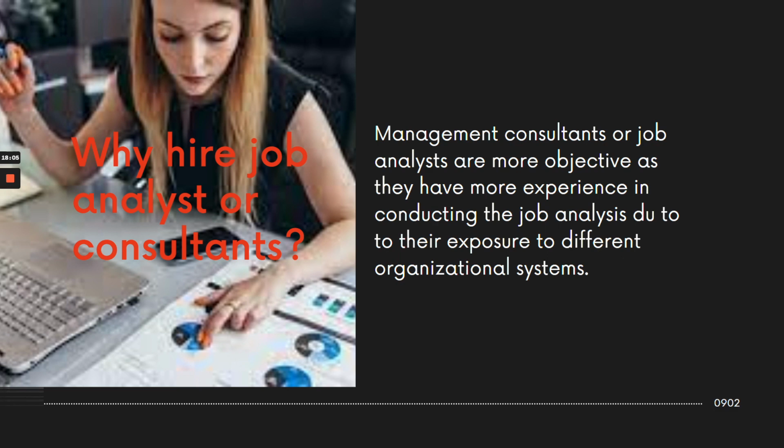So on point, as they also have more experience in conducting the job analysis because they are exposed to different organizational systems. Kumbaga, mao man na ilang expertise. So they are already exposed to different companies. So different companies have different organizational systems. That's why other companies hire analysts or consultants to do job analysis or job evaluation.